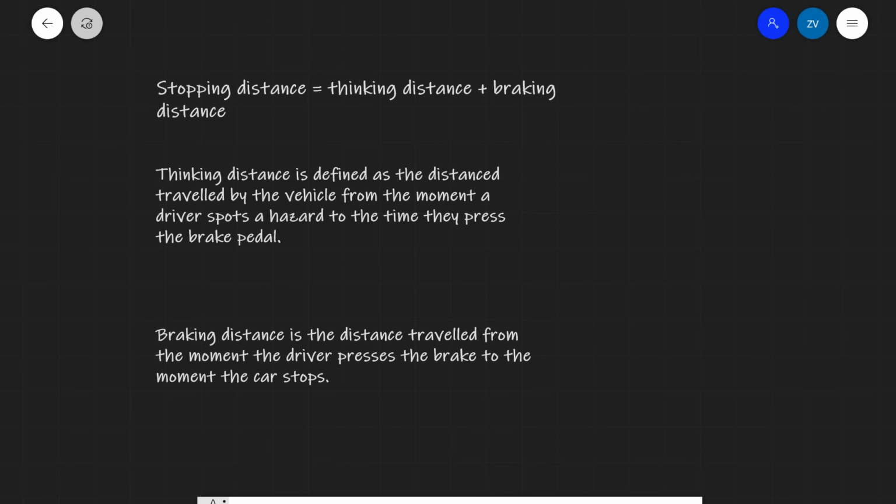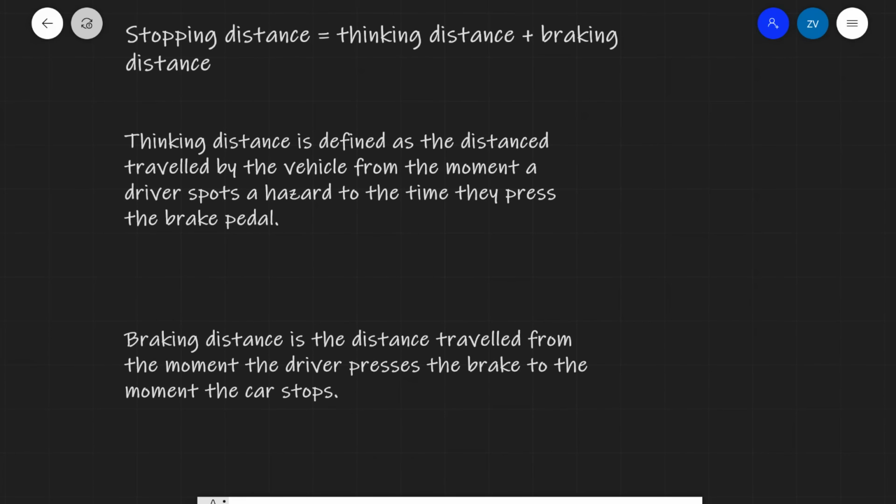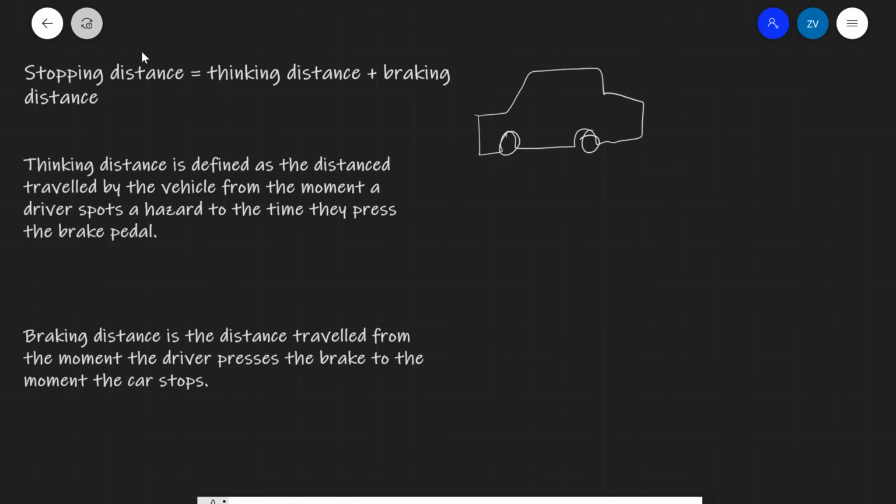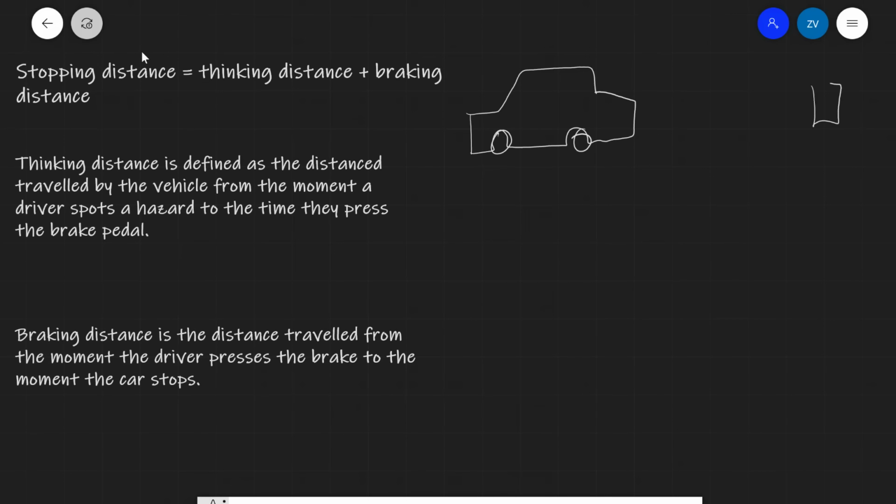Okay guys, so now the final topic left for us to revise is actually stopping distance. If we're in a vehicle, the stopping distance is defined as the sum of the thinking distance plus the braking distance. Now what do I mean by that? Imagine you are driving along, so let's just draw a little car over here, and you see some sort of hazard on the road.